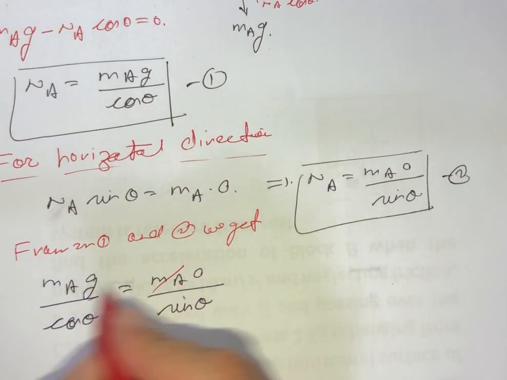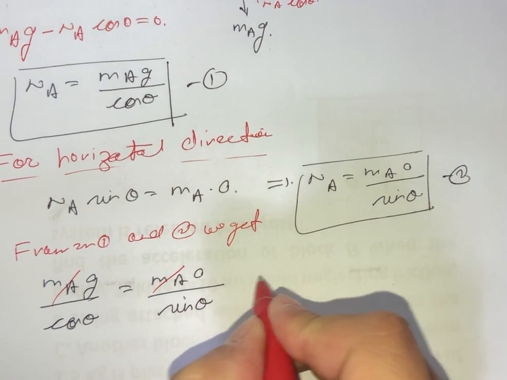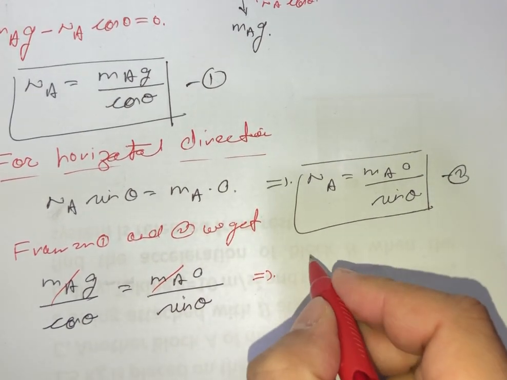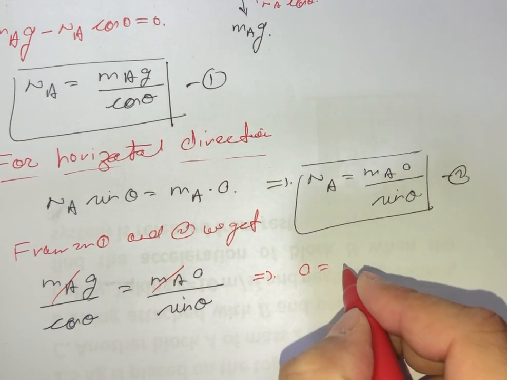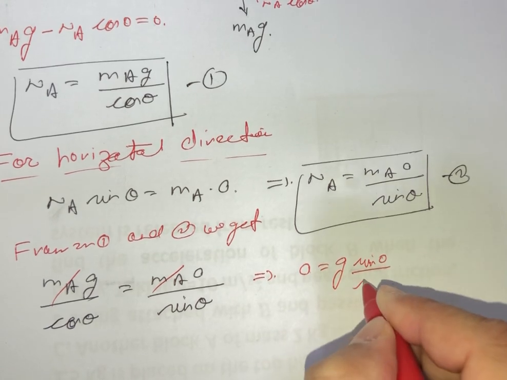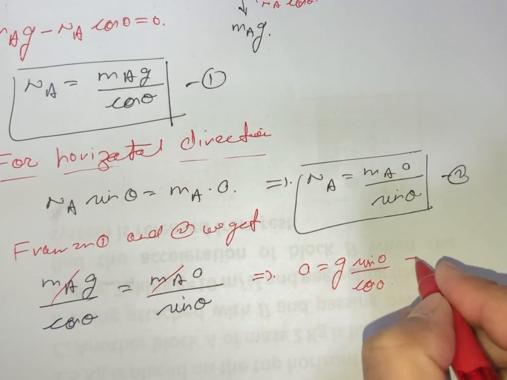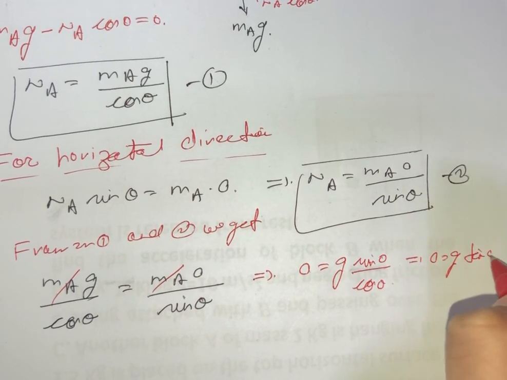Here mass cancels out, and we get A will be equal to G sine of theta divided by cos of theta, or we can say A is equal to G tan of theta.